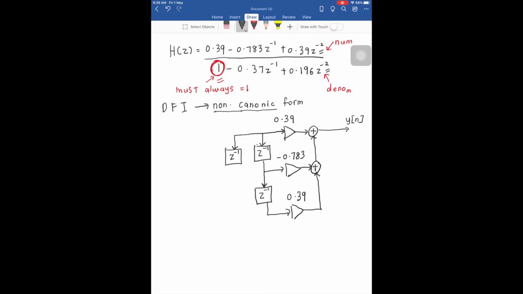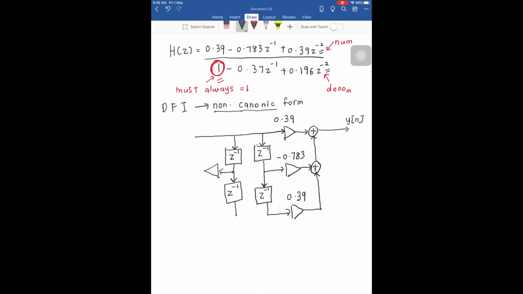Next we have 1. After the first delay, we have our next constant, which is negative 0.37.